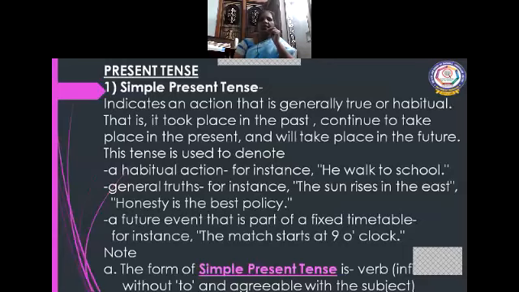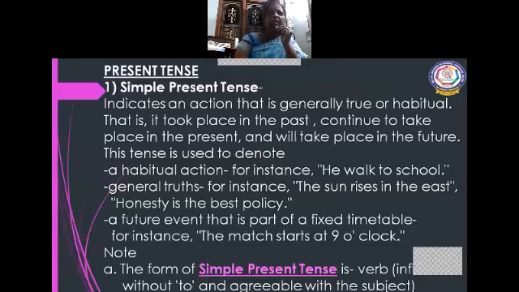For instance, he walks to school. General truth, for instance, the sun rises in the east. Honesty is the best policy. A future event that is part of a fixed timetable, for instance, the match starts at 9 o'clock. Note, the form of a simple present tense is verb without to and agreeable with subject.